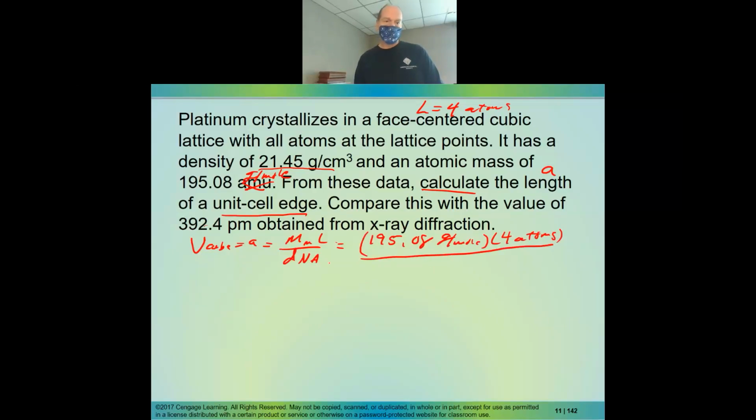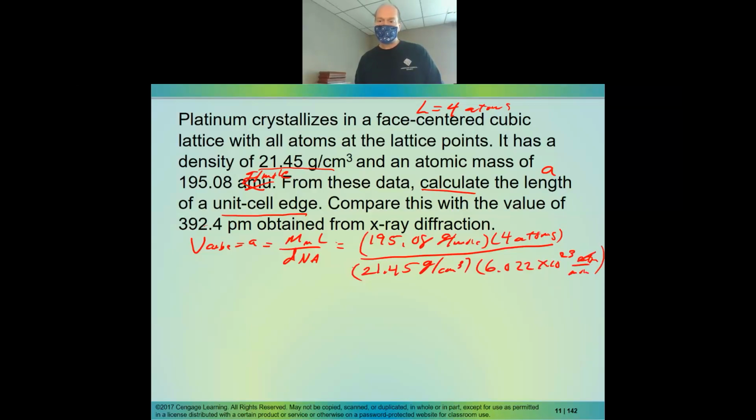Density, 21.45 grams per centimeter cubed. And then Avogadro's number, which will be given on the test, 6.022 times 10 to the 23rd atoms per mole.